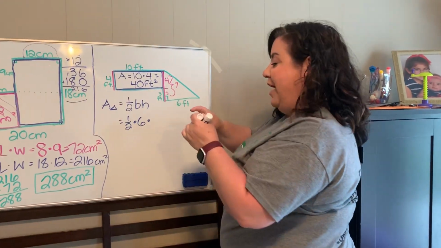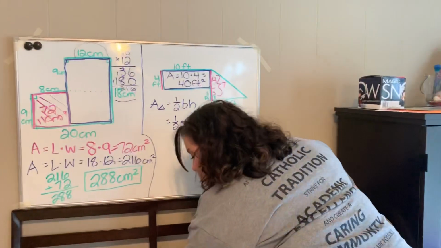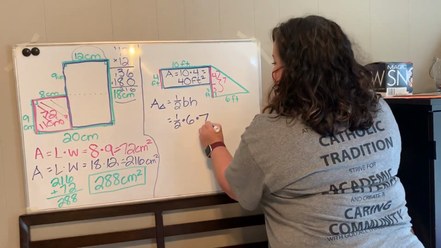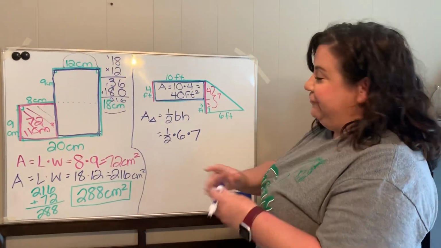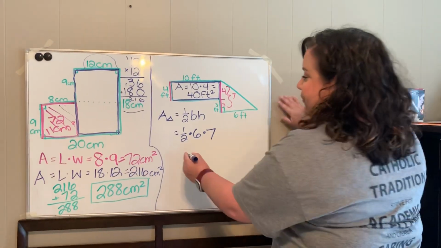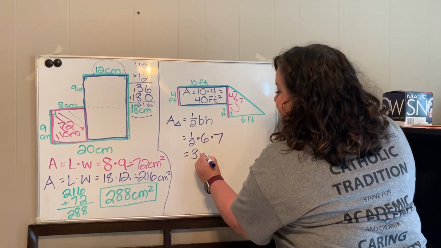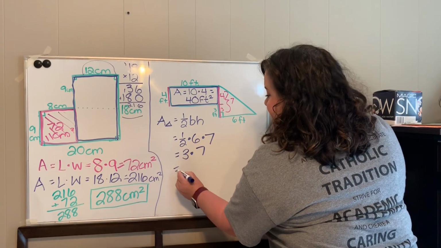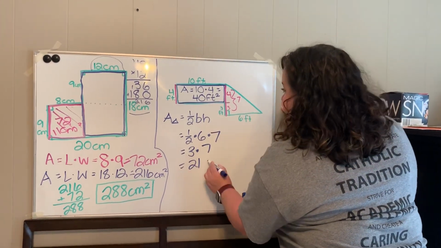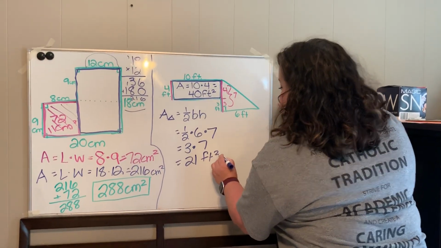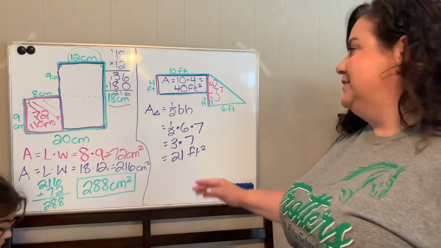So now the height of my triangle is 7. So now I can figure out the rest of my formula. So 1/2 of 6 is 3 times 7, which is 21. So that's 21 feet squared, or 21 square feet.